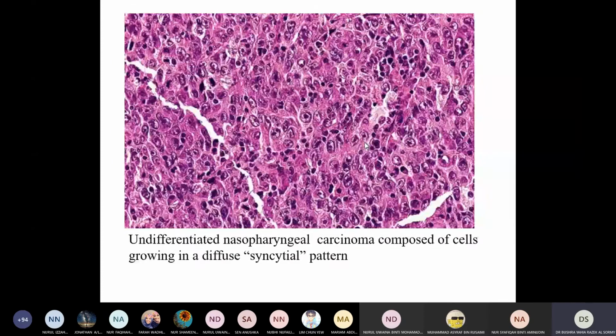It can be either in nests or a mass of tumor cells, a rounded mass like this, or a diffuse mass, which we call a syncytial pattern. Within it, you can see the cells have a high N/C ratio with prominent nucleoli, and within the tumor cells there are infiltrating lymphocytes, the small ones.